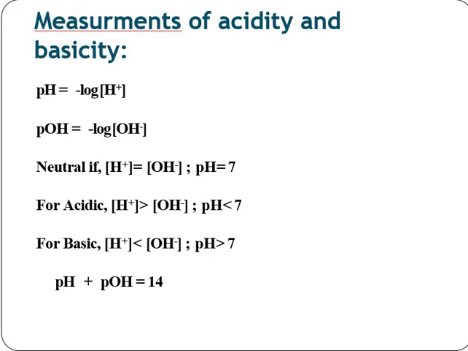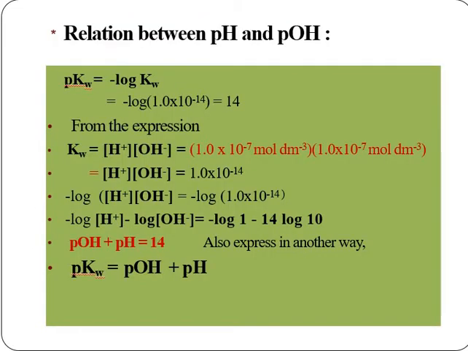So let us see the relation between pH and pOH. In the previous slides, we learned the concentrations of H plus ions and OH minus ions, and we can also write pKw is equal to minus log Kw, and substitute the value of Kw, 1 into 10 raised to minus 14.